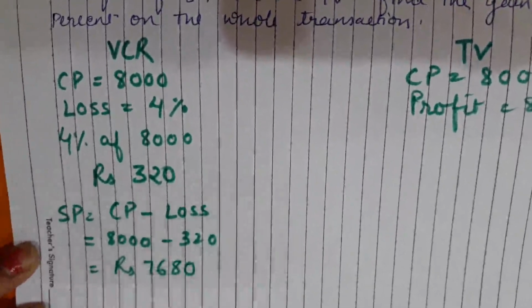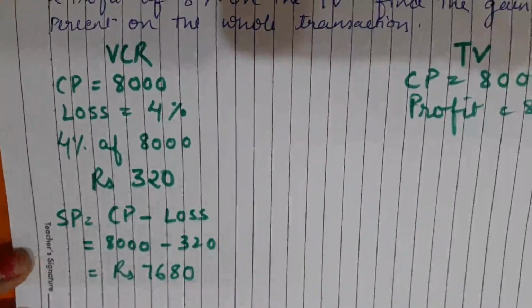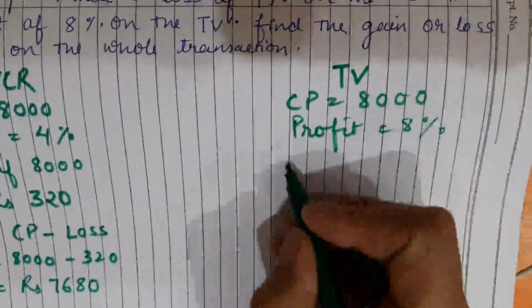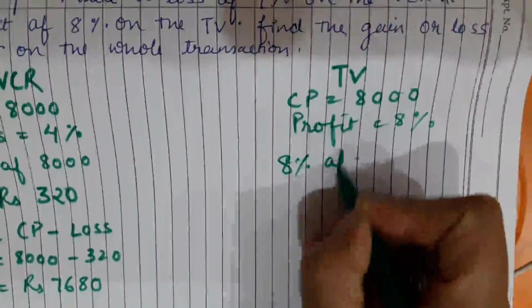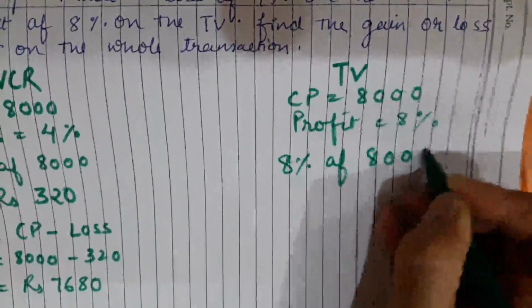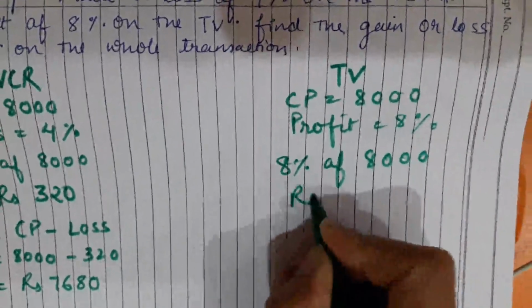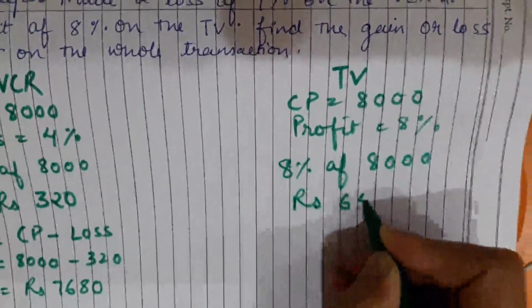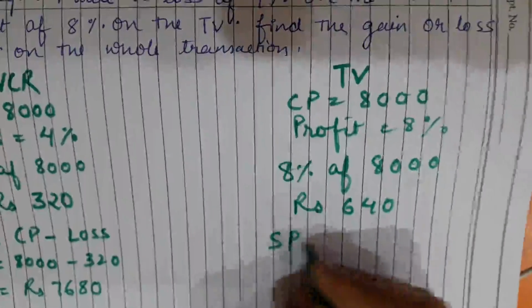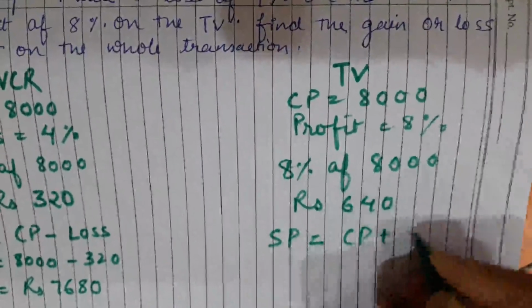Okay, so let's find out the selling price of television. So 8% of 8,000, you will get rupees 640. So the selling price of television will be CP plus profit.